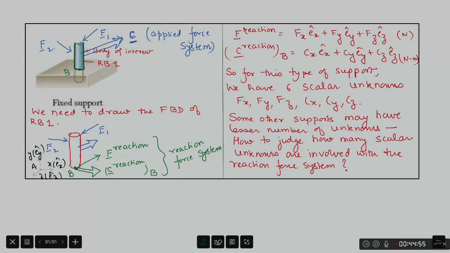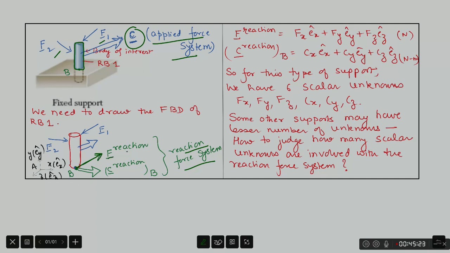Now in general, you can draw the reaction force system as one single force, let's call that F reaction, acting at point B, and then an associated torque which I am calling C reaction at B. In general, this will be the reaction force system.